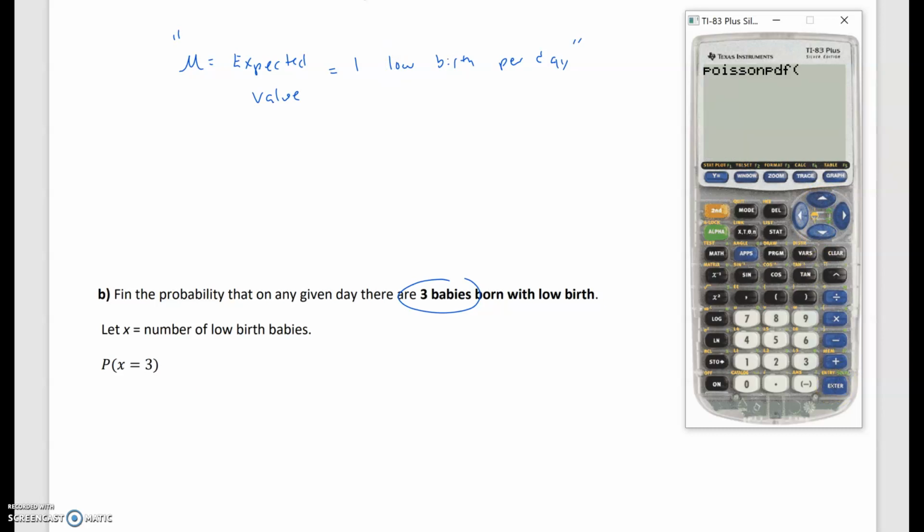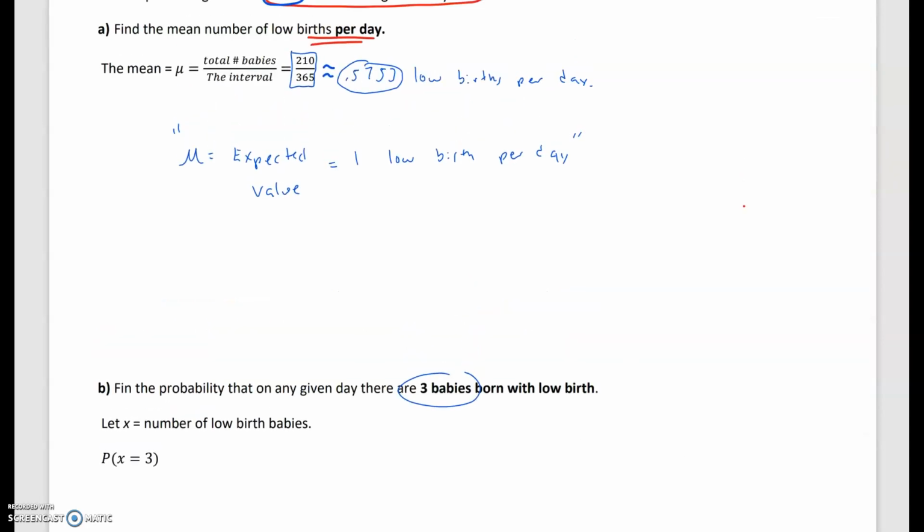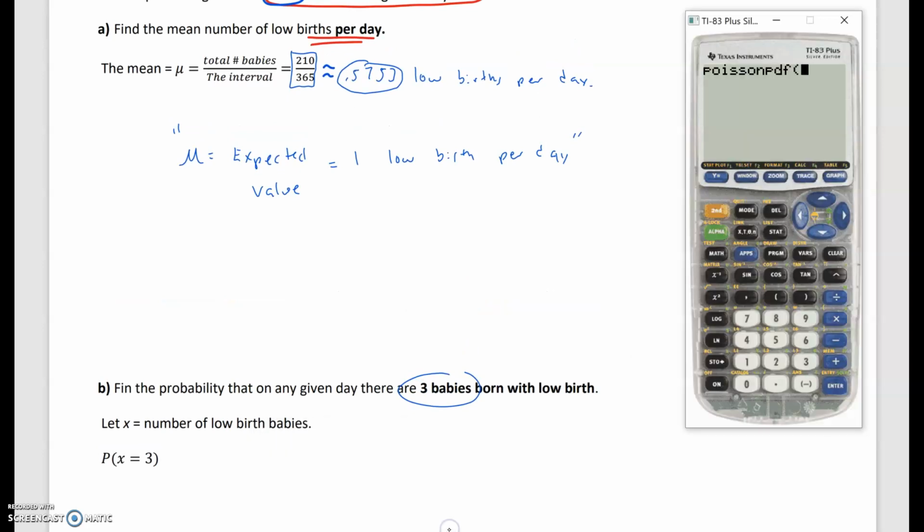And so that you match with the software answers, we're going to use 210 divided by 365 for the mean, and then they want 3 babies. So the code uses mu and the value of x.